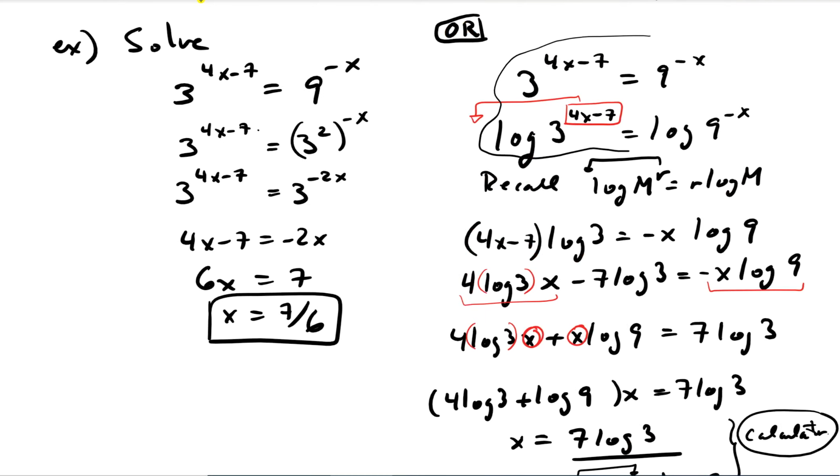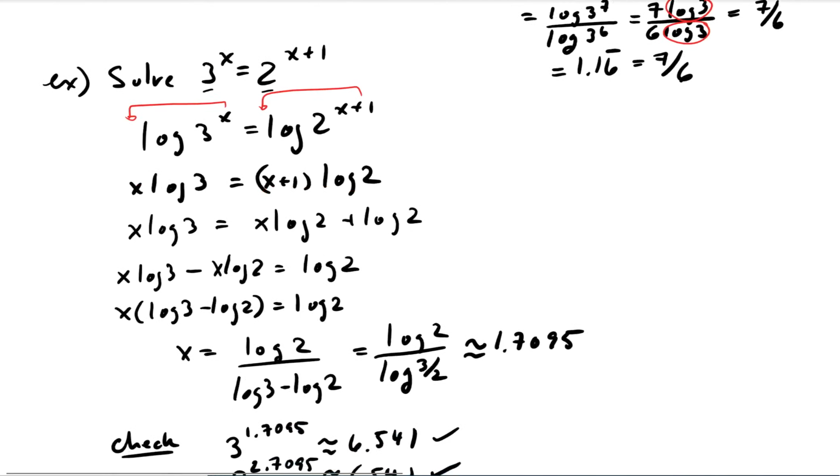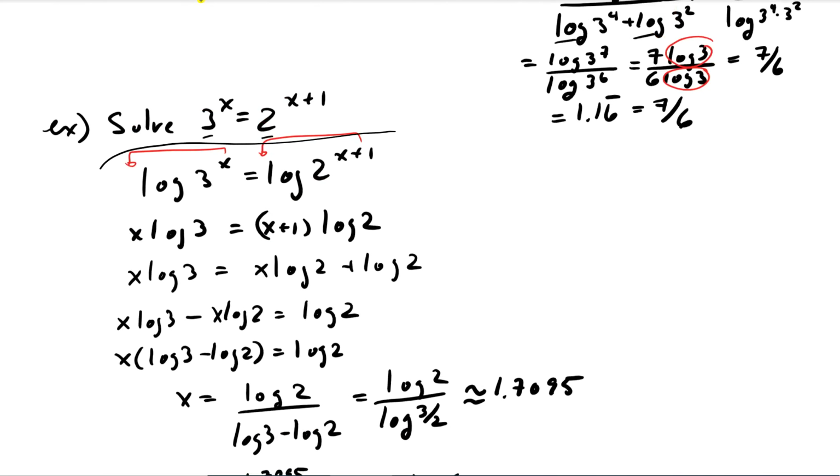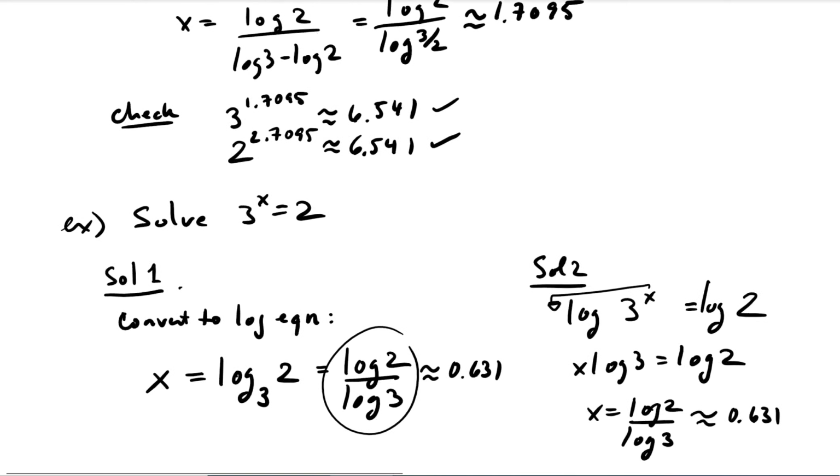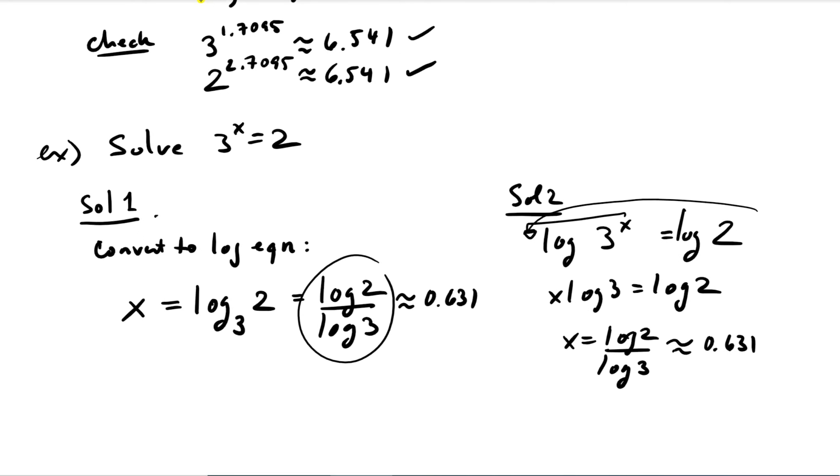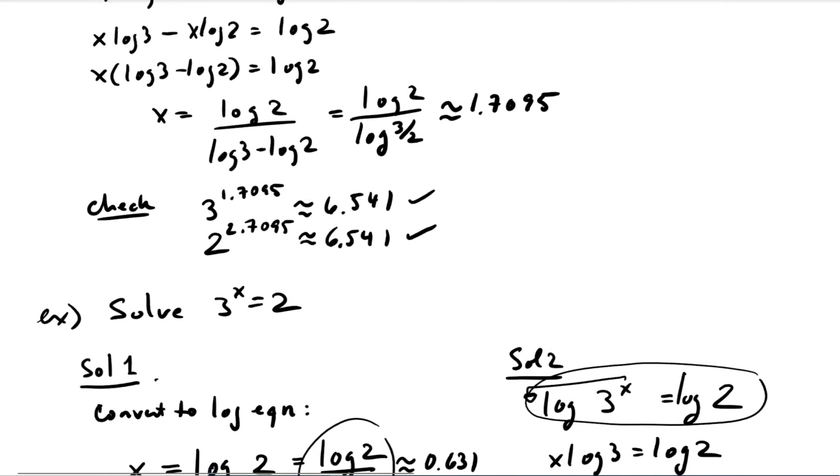So I always use this technique of taking logs on both sides, even though sometimes there's a different procedure. For all these examples, I was able to solve them by taking logs on both sides immediately. So this is really useful, because it's going to solve a whole bunch of different types of exponential equations.